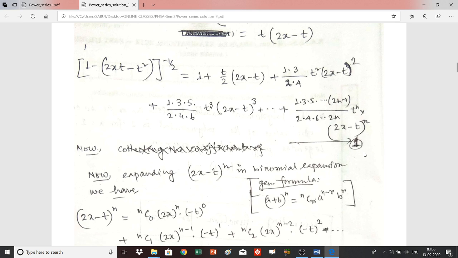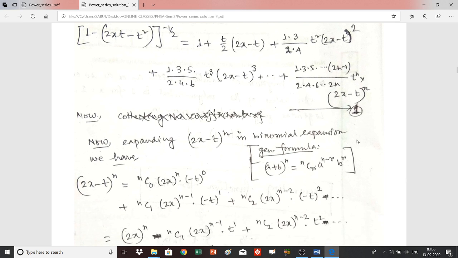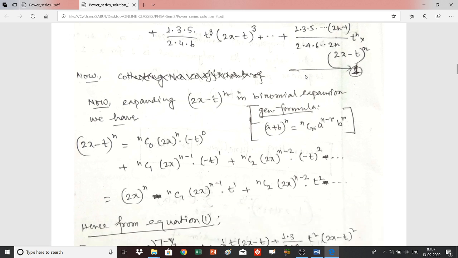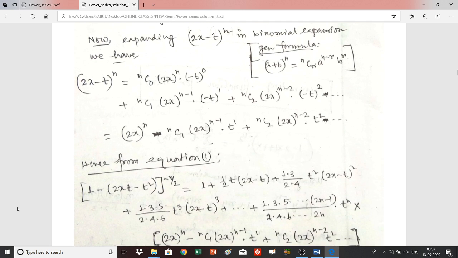Now we are interested to substitute the value of 2x minus t to the power n in this equation. So we write here 1 minus 2xt minus t square.